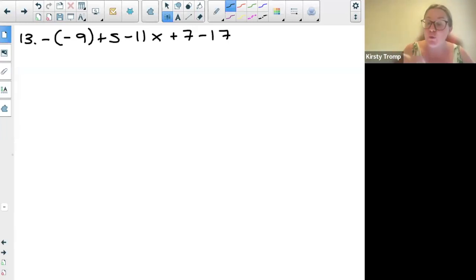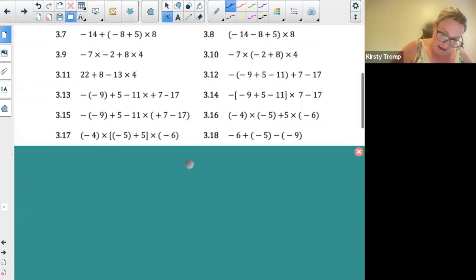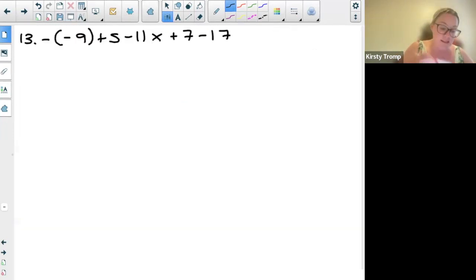So always make sure and check, have I written the sum out correctly? So I'm just going to go back and make sure I have written this sum out correctly. So there's my 13. So negative, open brackets, -9 plus 5 minus 11, times +7 minus 17. So that's tip 1. Always double check, did I write the sum out correctly?